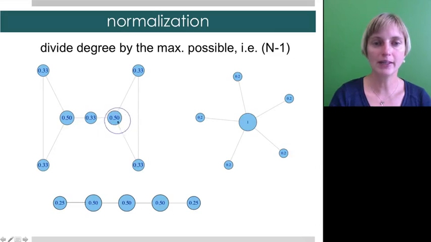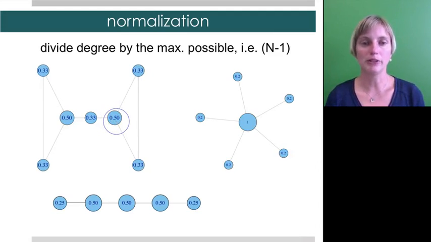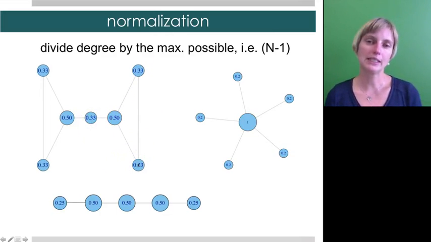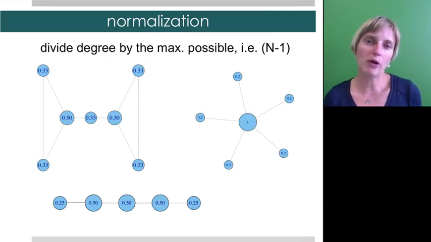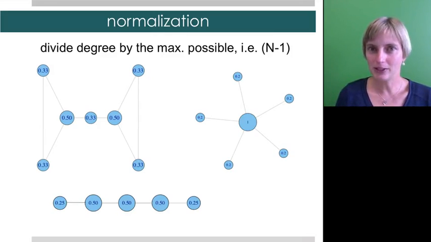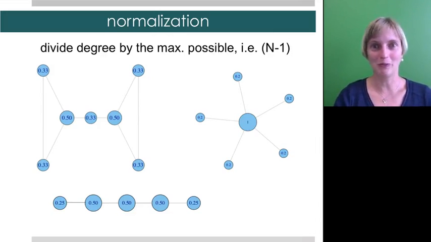Here, this node has a normalized centrality of 0.5 because it's connected to 3 of the possible 6 other nodes in the network. And although I personally don't normalize degree centrality that often, for my own purposes, I like having the raw count, and especially with large networks, if you have a network of 1 million nodes, all the normalized degree centralities are going to be 0.000, right?